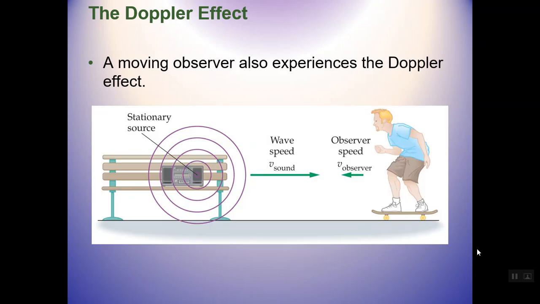When the observer moves toward the stationary source, the frequency increases. But if the observer moves away from the stationary source, the frequency is lower than the frequency of the stationary source.